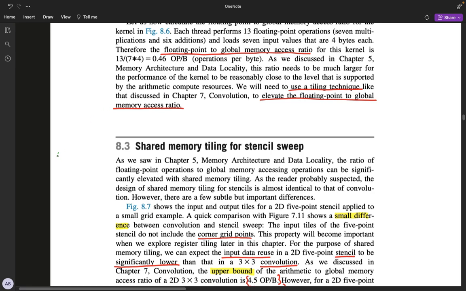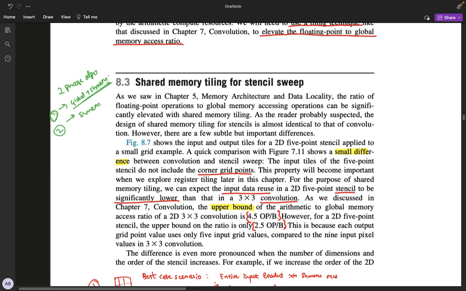There'll be a two phase algorithm, where in the first phase threads collaboratively load global memory into shared memory only once, and then in the second phase threads use the data from shared memory. So the global memory transfers would only happen here, and there'll be fewer redundant global memory transfers.